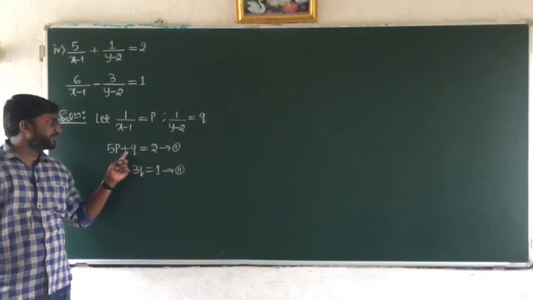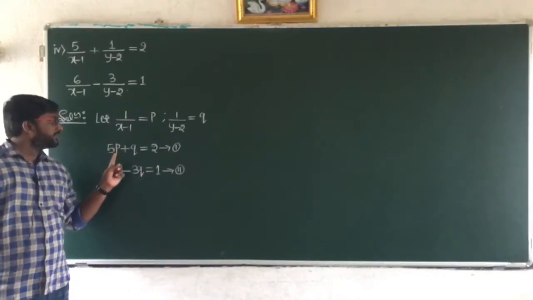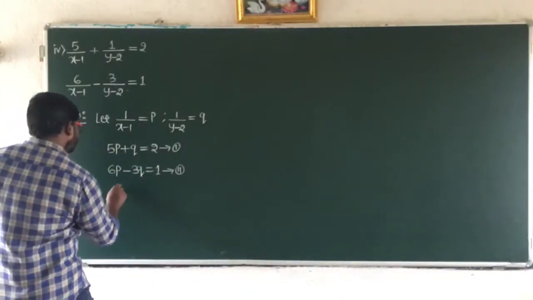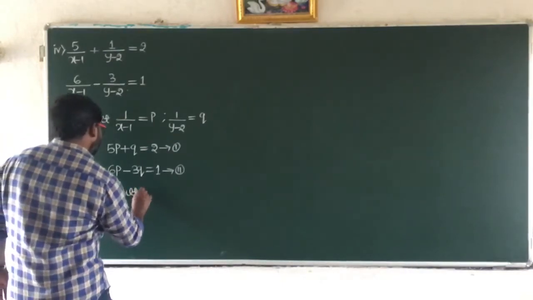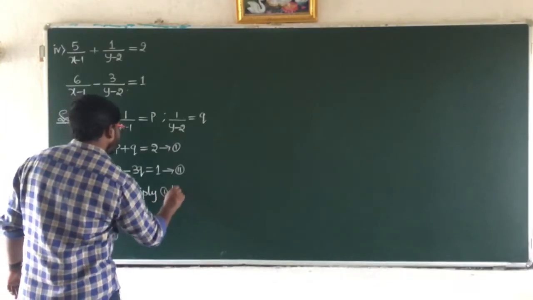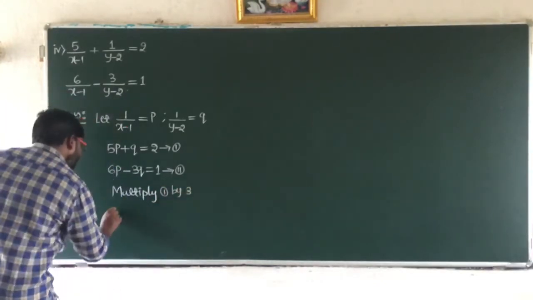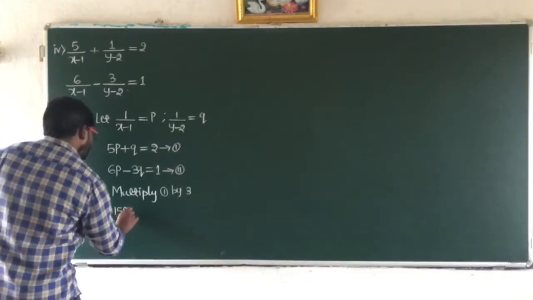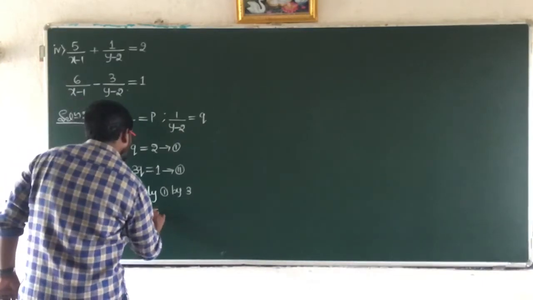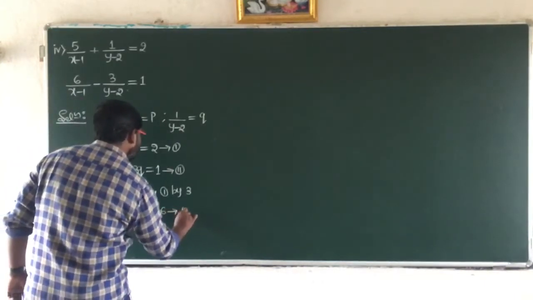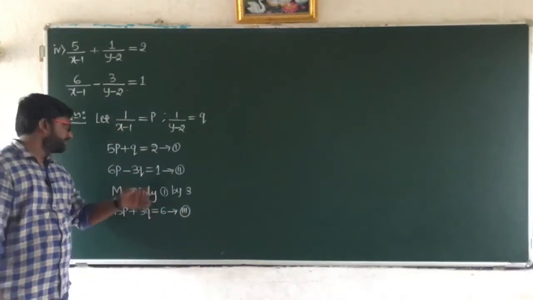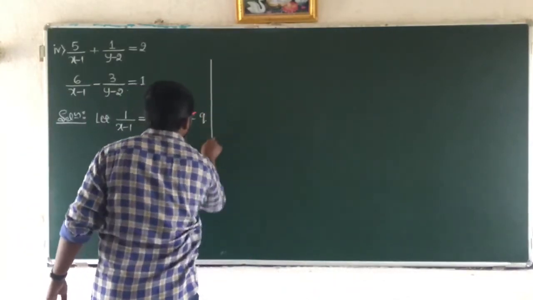In order to make q equal, we have to multiply each term by 3, so that we get 3q here. Multiply equation 1 by 3, we get 15p plus 3q which is equal to 6. I call this equation number 3. Now we have to solve equation 2 and equation 3, so 3q will be eliminated.